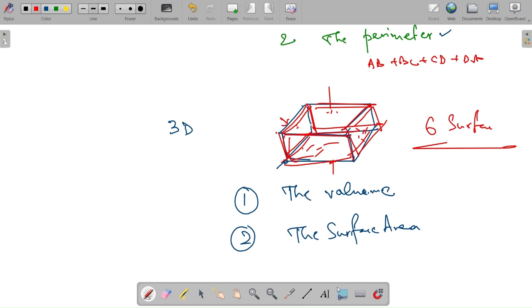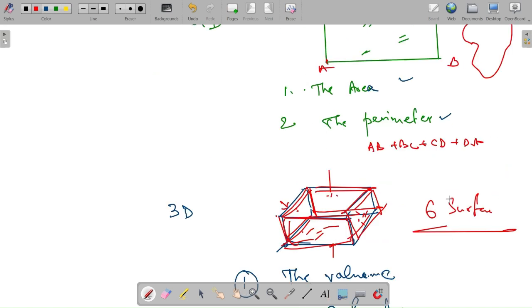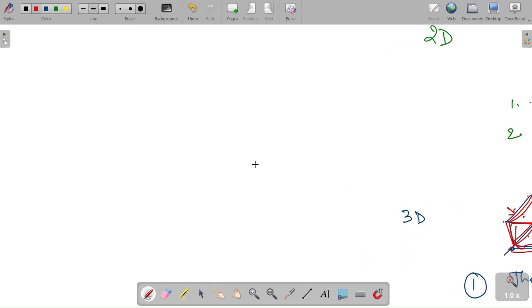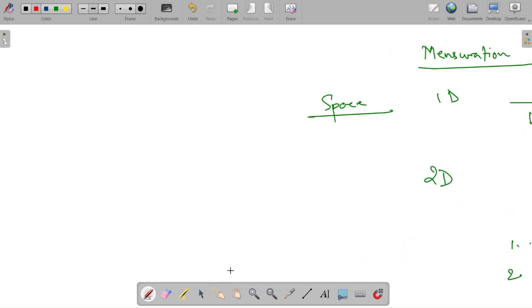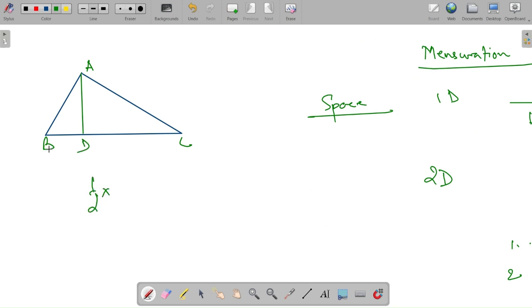So in that aspect, in the last class, what we have tried to understand is that for a triangle like this, say this is A, B, C, D. So area of the triangle is half into BC into AD, which is called half into base into altitude.